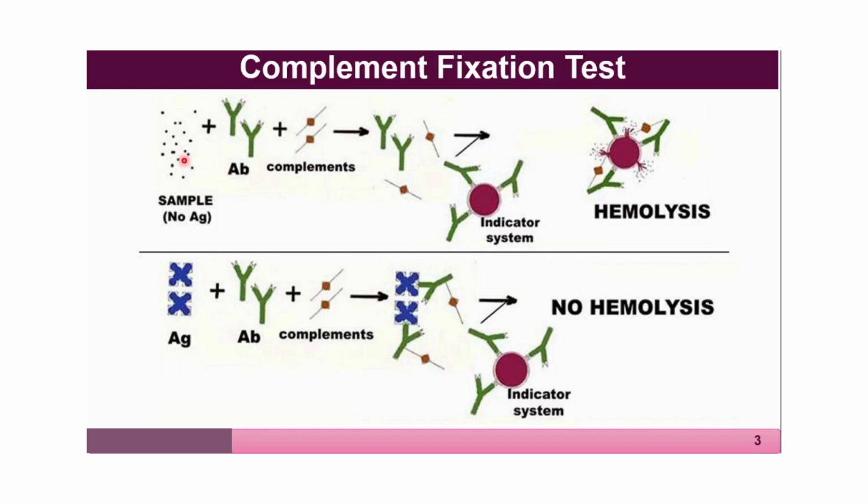The serum sample that is going to be tested for the antigen means presence of antigen. You have to add the corresponding antibody to that test serum sample. And then after adding the antibody, mix it thoroughly. Afterwards, you add the serum containing the active complements.